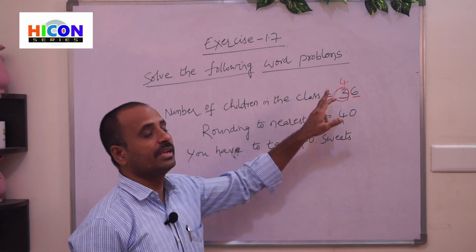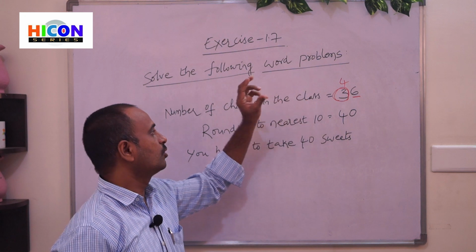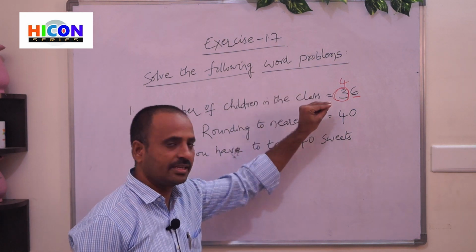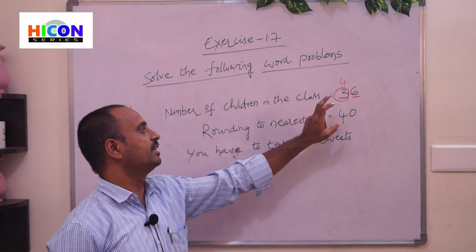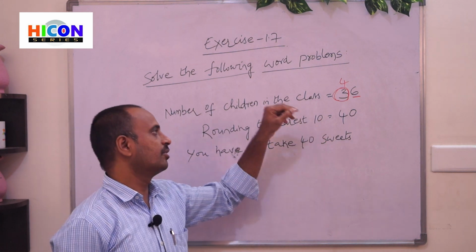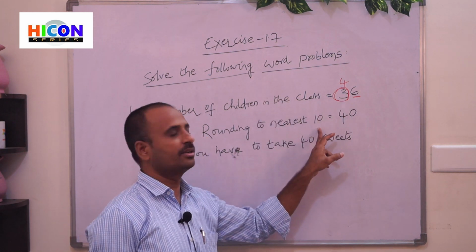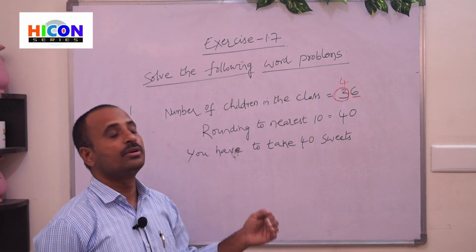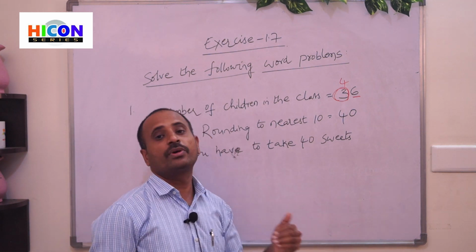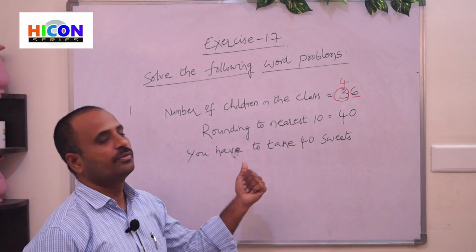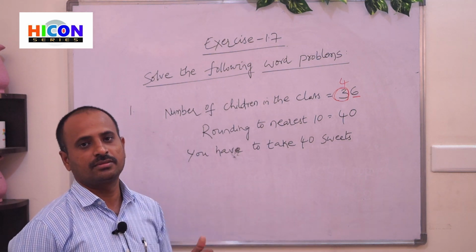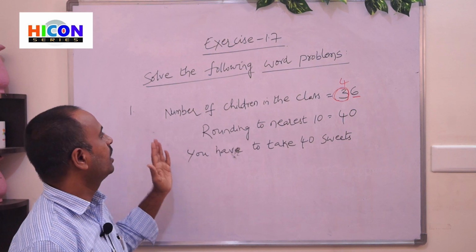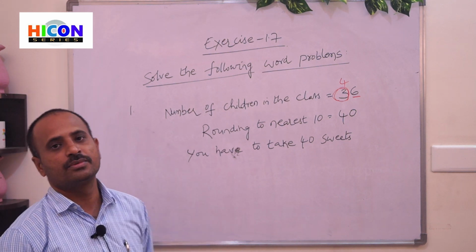Here the given number is 36, that means the total number of children in the class is 36, and we round that number to the nearest 10. If you round 36 to the nearest 10, we get 40. That means you have to take 40 sweets to your class to distribute to your students. This is the way we have to solve this type of word problems.